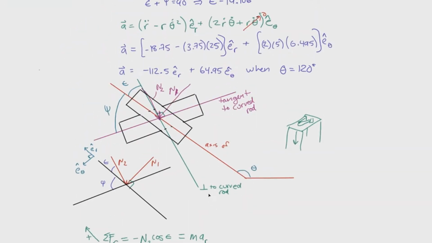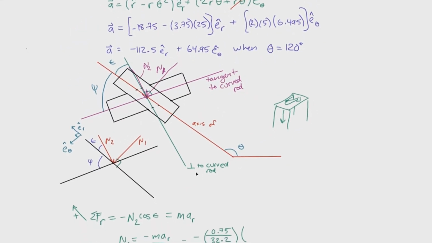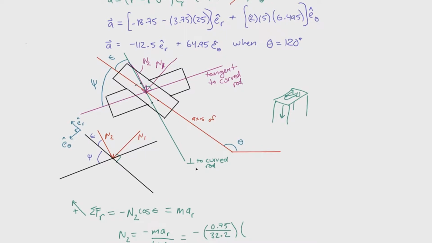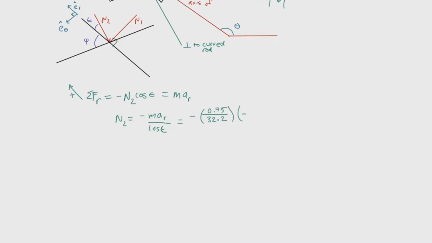So that's going to be, as we found earlier, negative 112.5. And you might be asking, why is the acceleration negative? So our vector had a negative ER component, so therefore the net acceleration will be pointing downward, and that is in the opposite orientation of what we defined as positive.